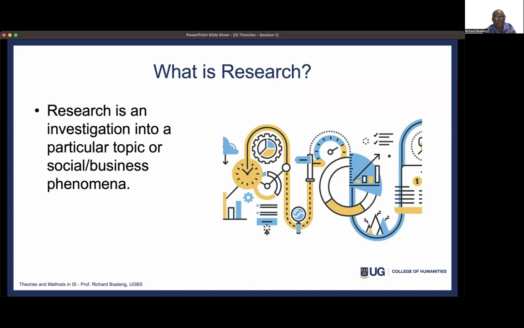Maybe in your mind, research is just an investigation into a particular topic or social or business phenomena. But this is a very simplistic definition of research. It doesn't actually tell you what it entails.